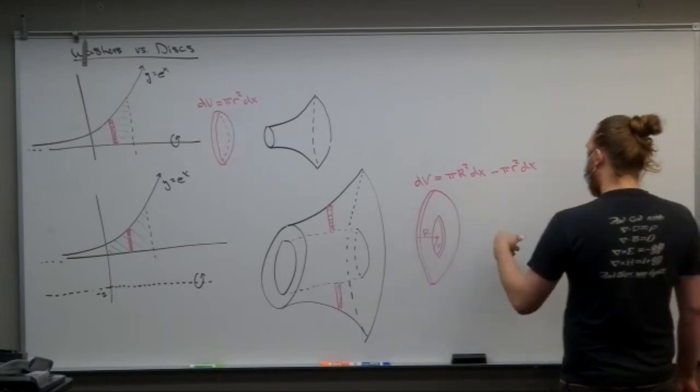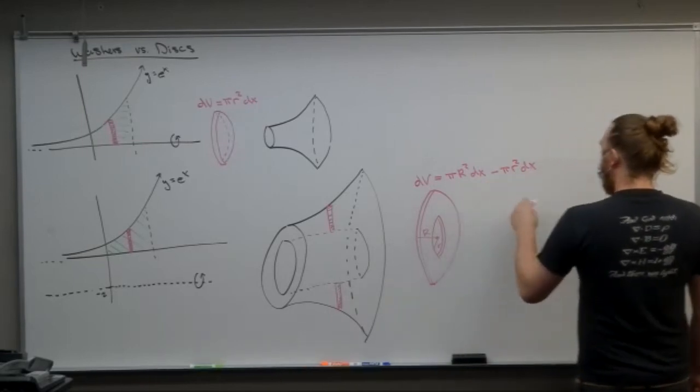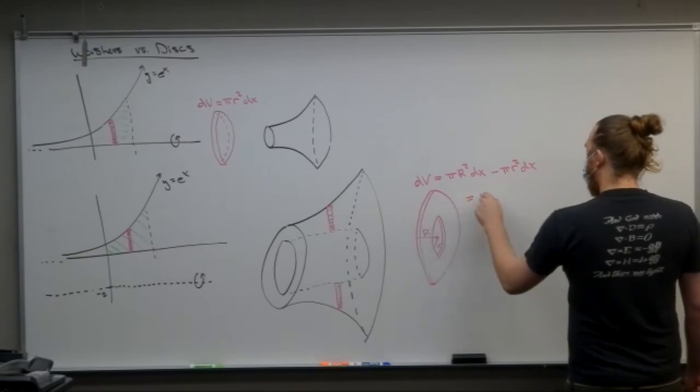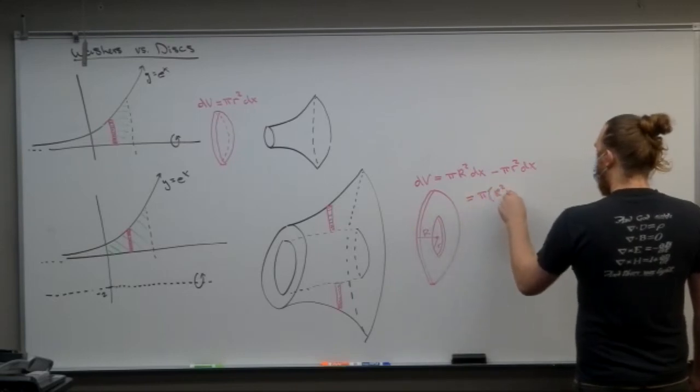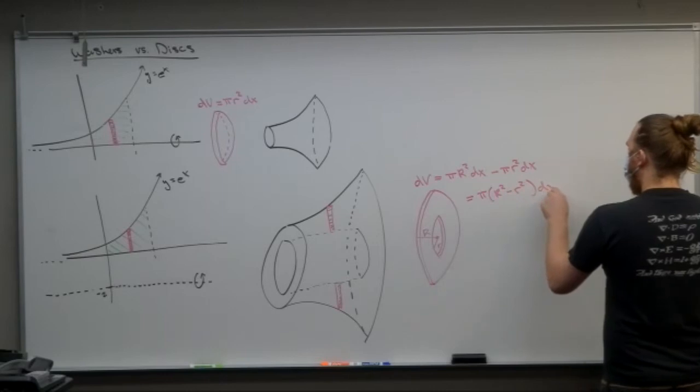And if you factor the pi's and the dx's, this is the same as pi times big R squared minus little r squared dx.